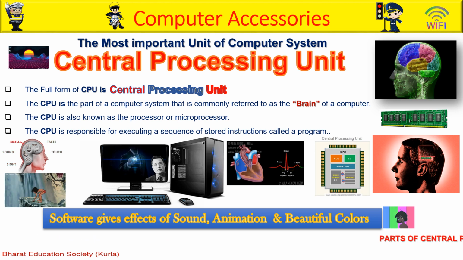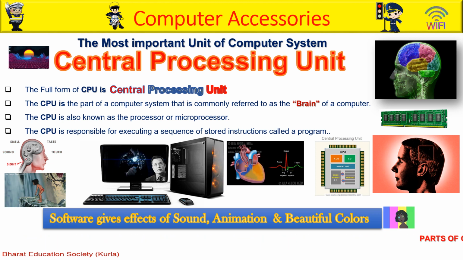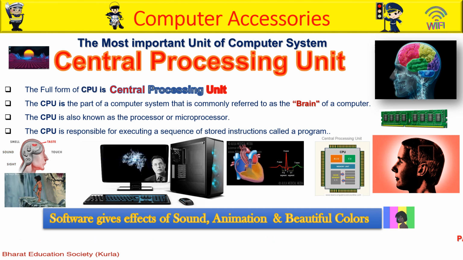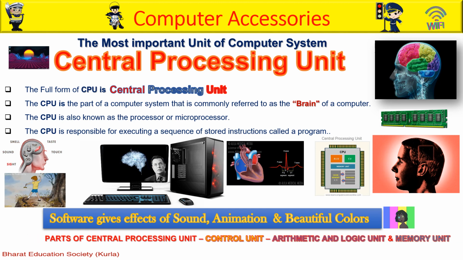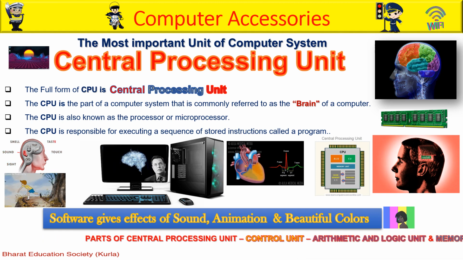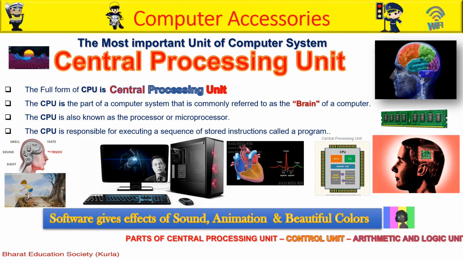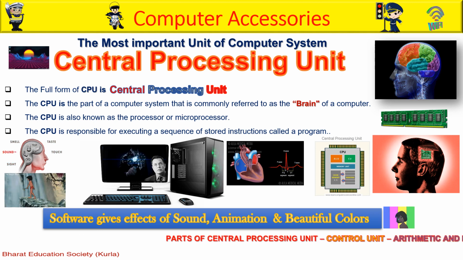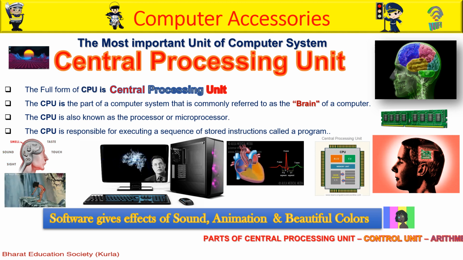The CPU is the part of a computer system that is commonly referred to as the brain of a computer. The CPU is also known as the processor or microprocessor, which is also called the heart of a computer. The CPU is responsible for executing a sequence of stored instructions called a program, that is software, which we had learned in the last class about operating system and different application software.